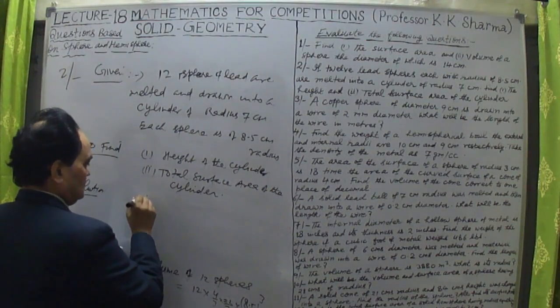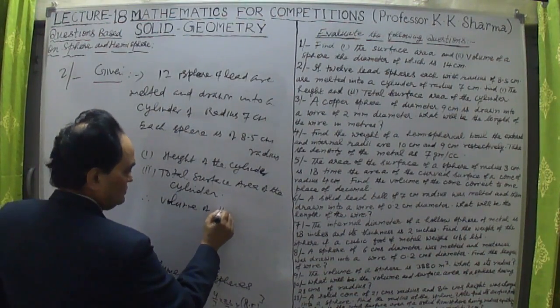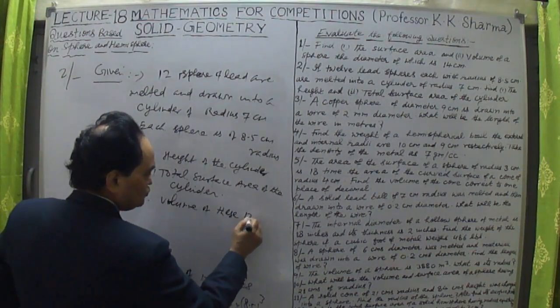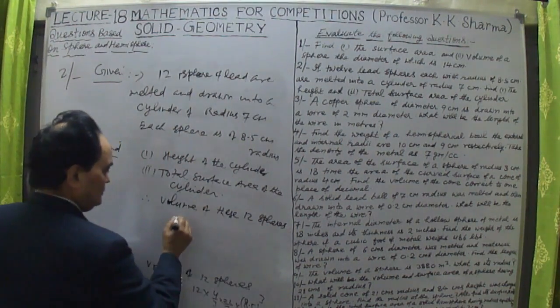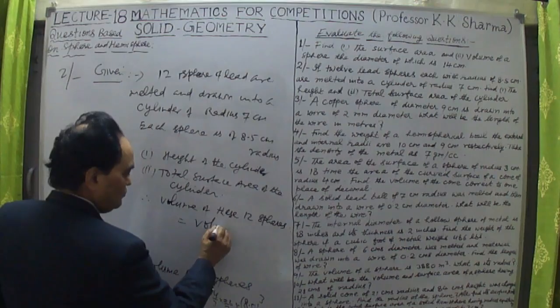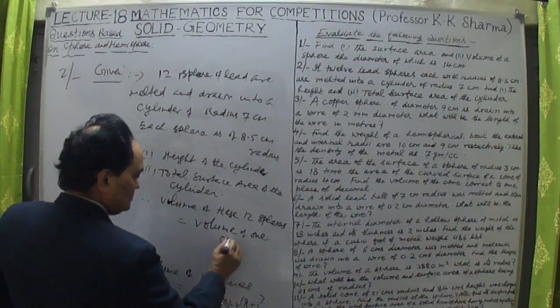Therefore, volume of these 12 spheres is equal to volume of one cylinder.